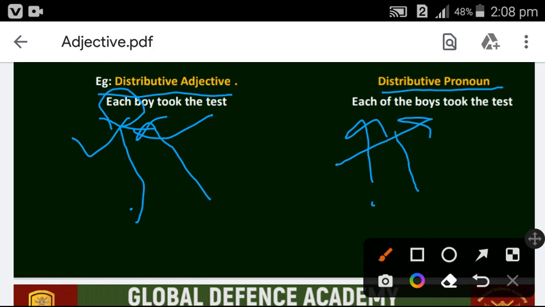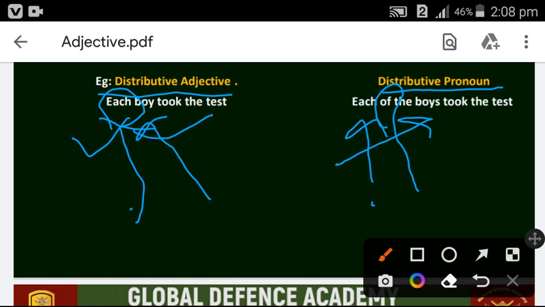So when each is just followed by a noun, then we have to use a singular noun. Each, every, either, neither, when followed by a noun, the noun must be singular.